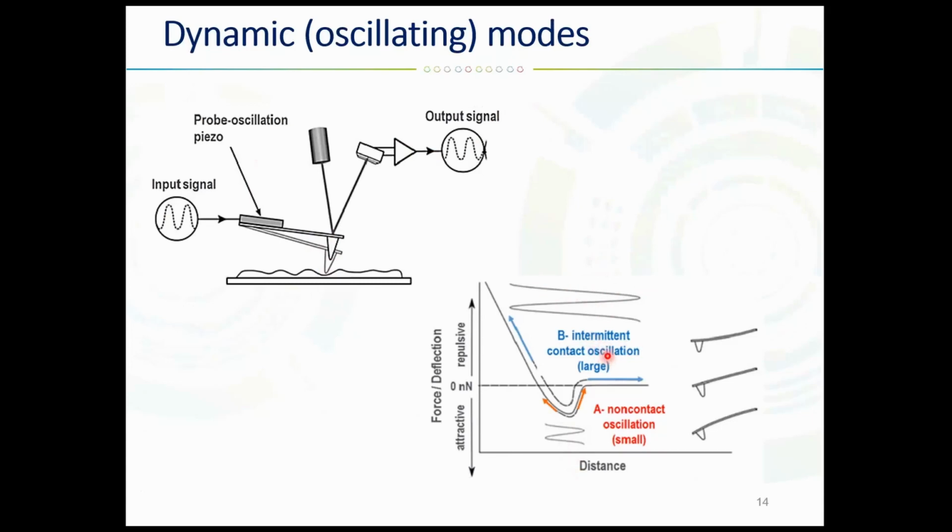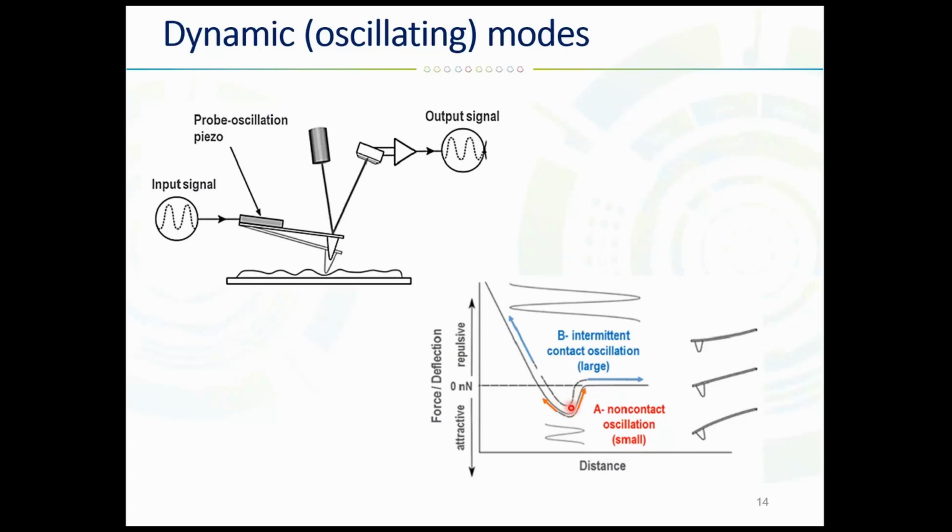When we use a small oscillation amplitude, like the red color A, it is possible to maintain contact AFM, or alternatively, what we can call close contact AFM. This technique has some advantages because we have very low forces between tip and sample.